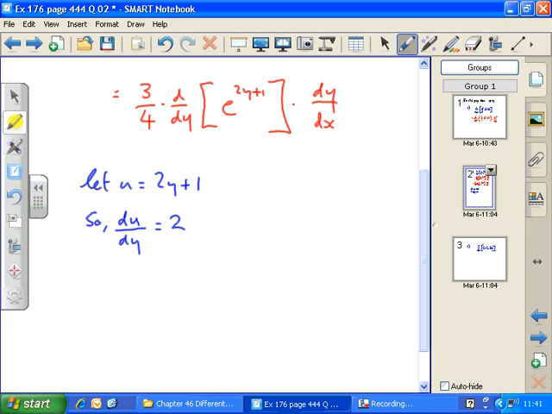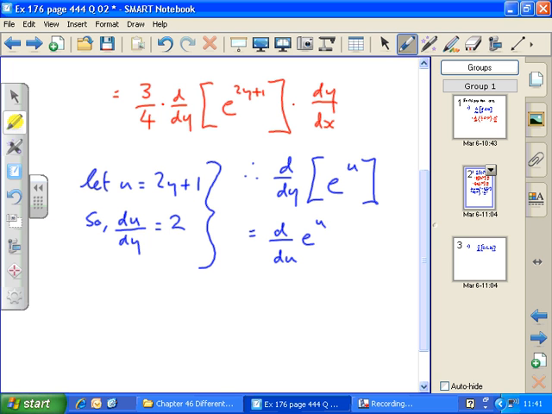And then we say that d by dy of this function, e to the u, equals d by du of e to the u multiplied by du by dy, using the chain rule.